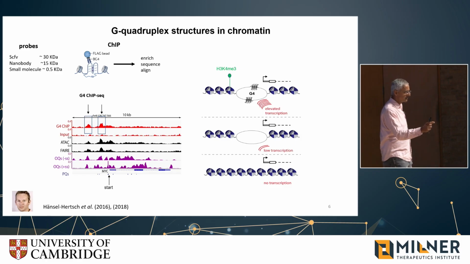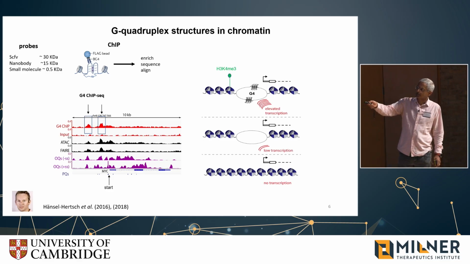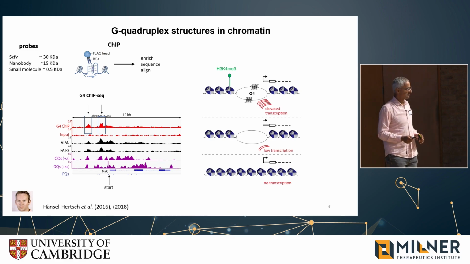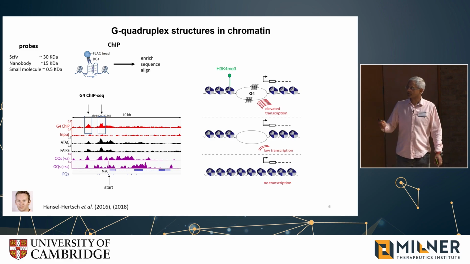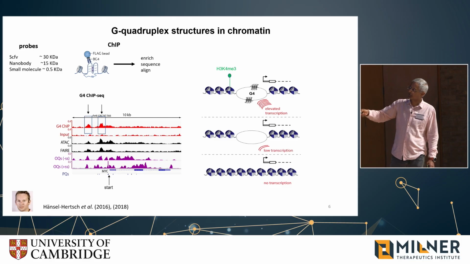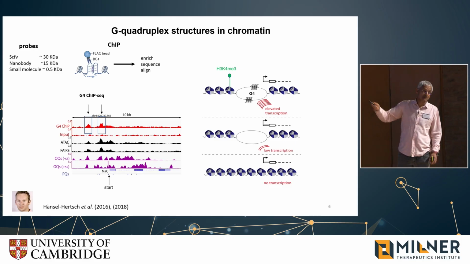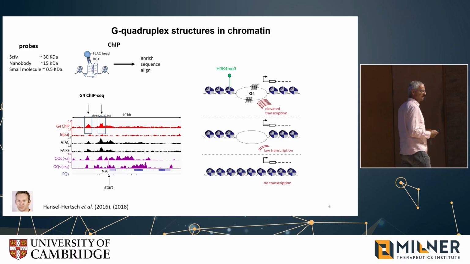And just because a sequence is there, they don't necessarily form. And what we've shown collectively is that in heterochromatin, where of course there's no transcription, we never see these structures. We've yet to detect them in heterochromatin. Now, in relatively nucleosome-free chromatin, where the gene is transcribing at some low rate, we don't necessarily see them. But when they form, transcription is hyper-elevated.